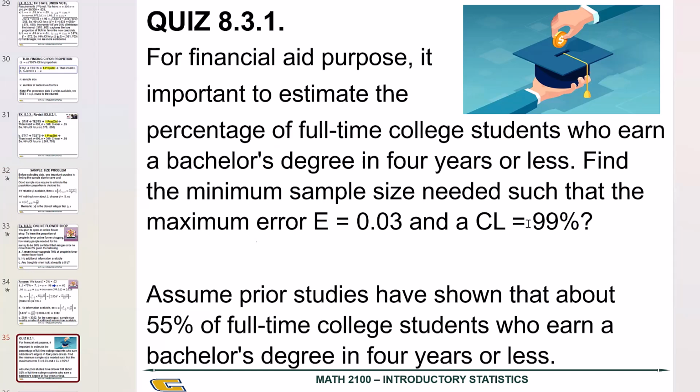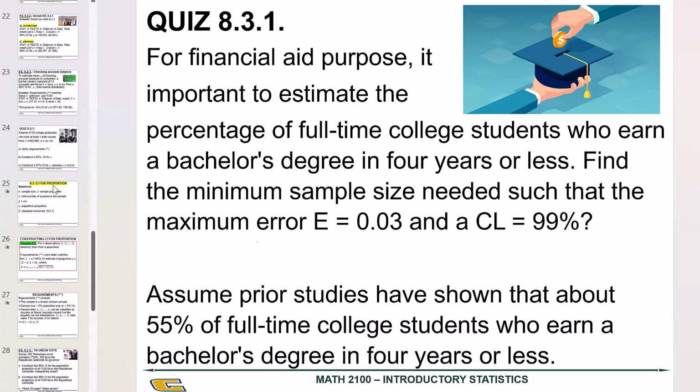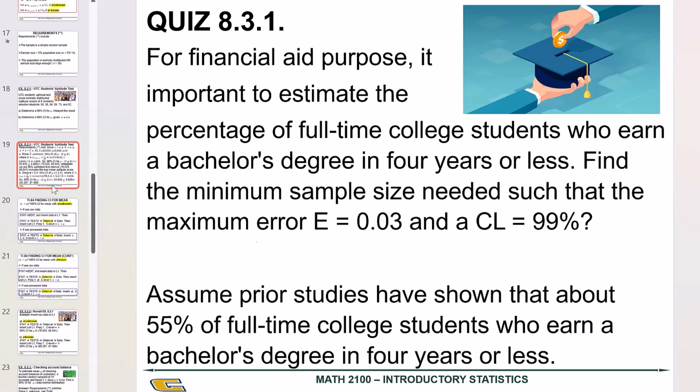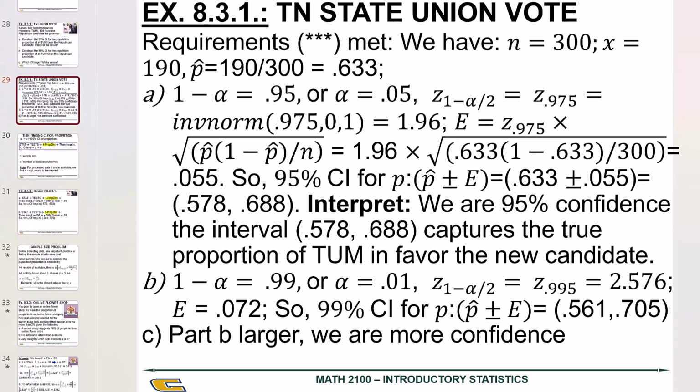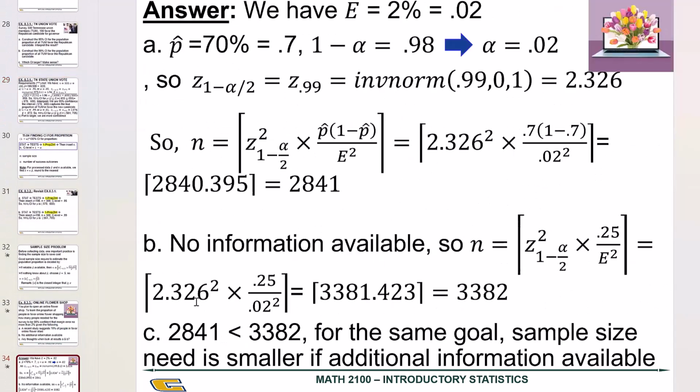So z sub 1 minus alpha over 2 is z of 0.995. First things first, you need to calculate your z of 0.995. I believe we do have that calculation here. So for 99%, in this case 0.995, it's 2.576, so we don't need to repeat the calculation here. So we plug in 2.576 squared.